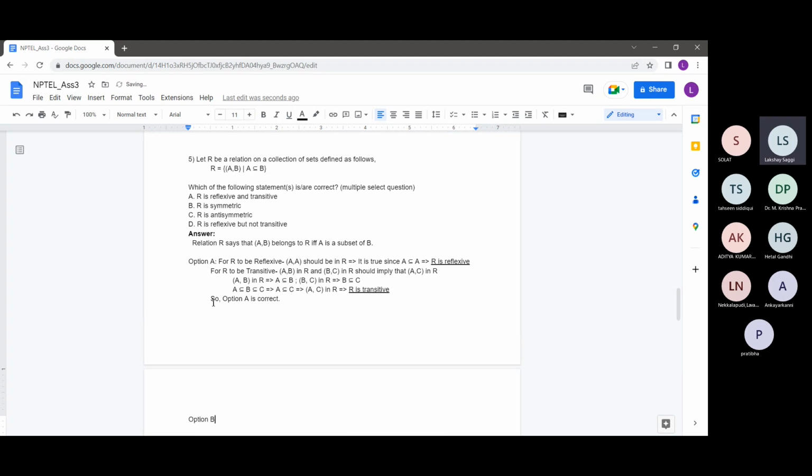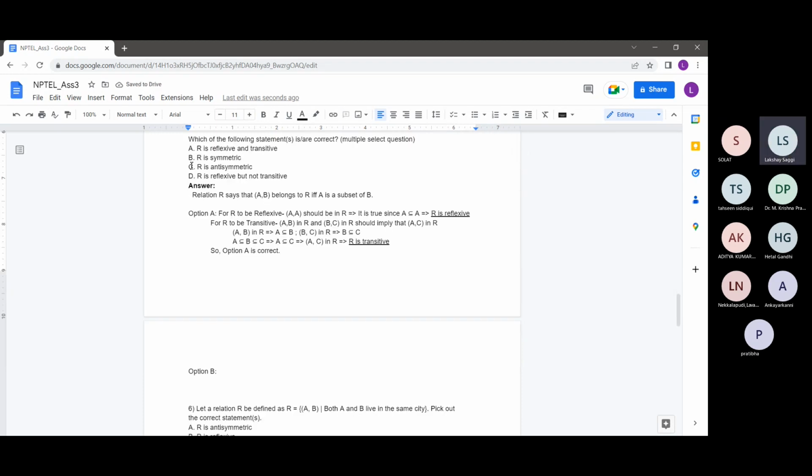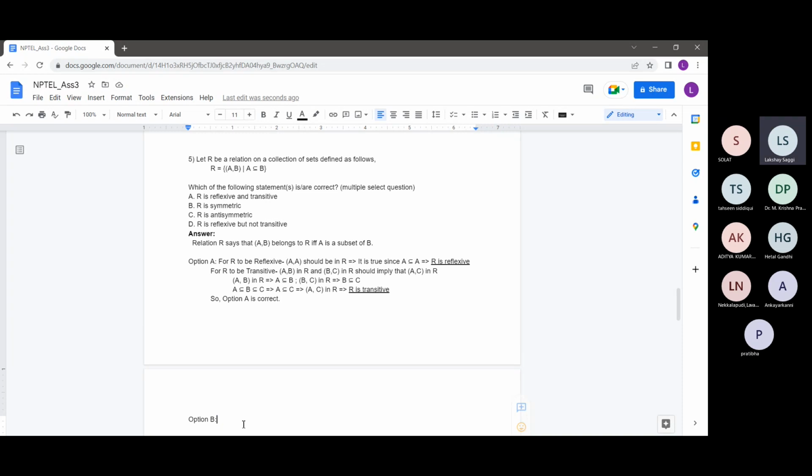For option B, which is asking if R is symmetric: here, for R to be symmetric, (A, B) in R if and only if (B, A) in R. I'm just writing out the definition of symmetric relations.